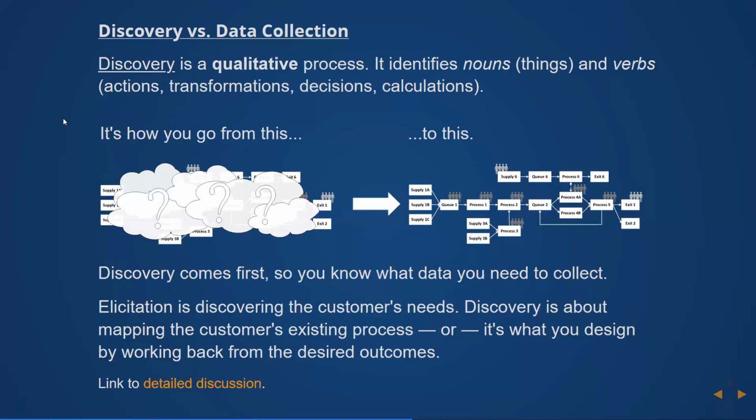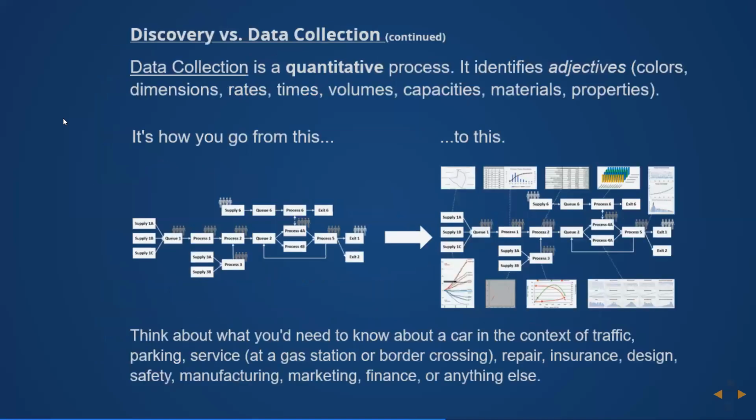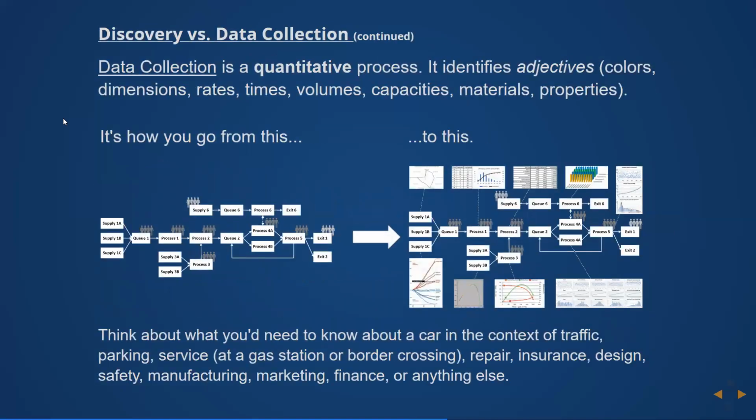All right, so data collection is a quantitative process, and it's how we go from knowing what the system is to being able to characterize it in detail. To make this more clear, think about everything you need to know about a car in different contexts.